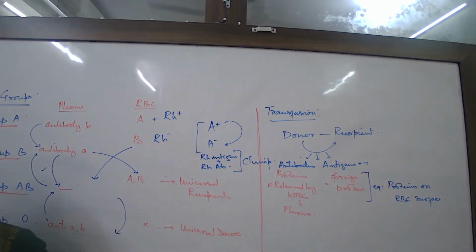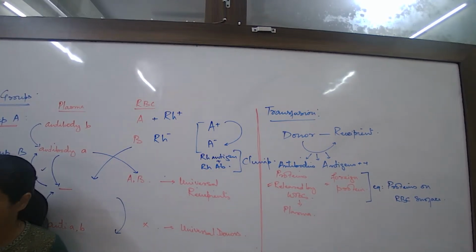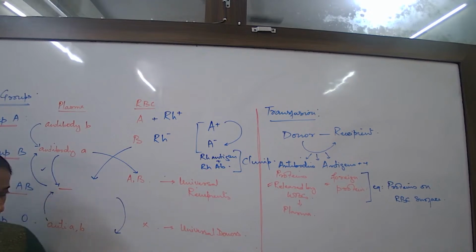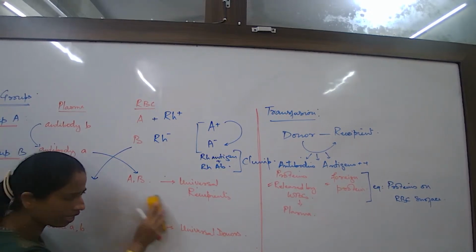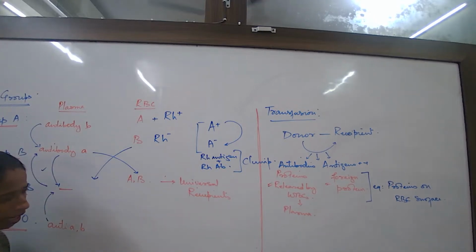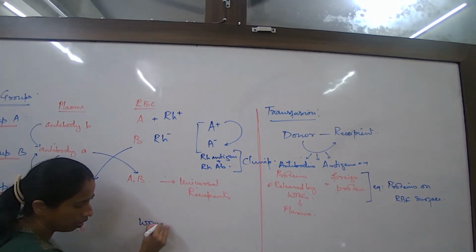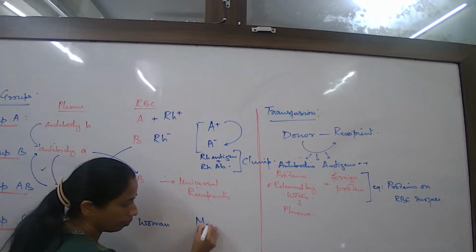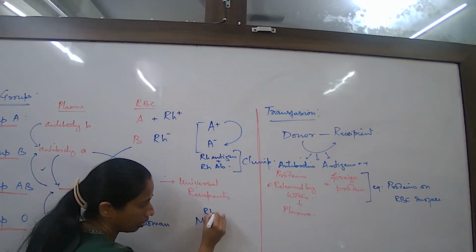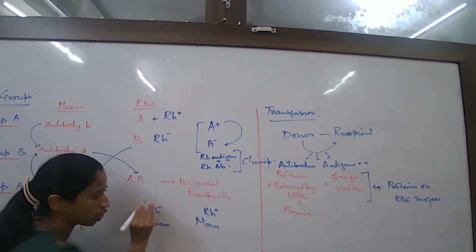Now if I say, you get questions this way, that say suppose I talk about a woman who has conceived, and in this process of conception, meaning she has a fetus in her womb. In this question, you have to think this way, that I am talking about a woman and I am talking about a man. The man is Rh positive, the woman is Rh negative.